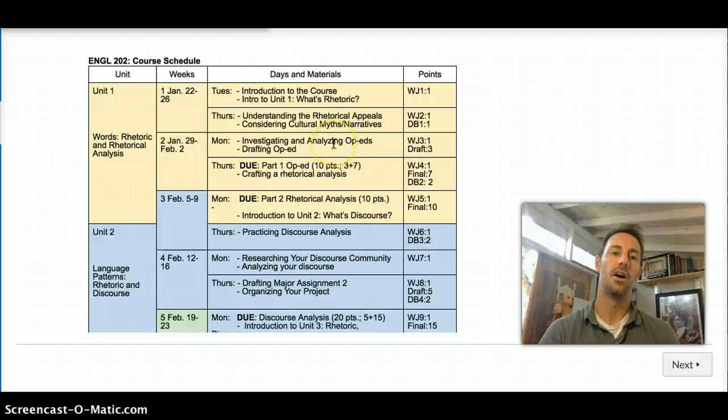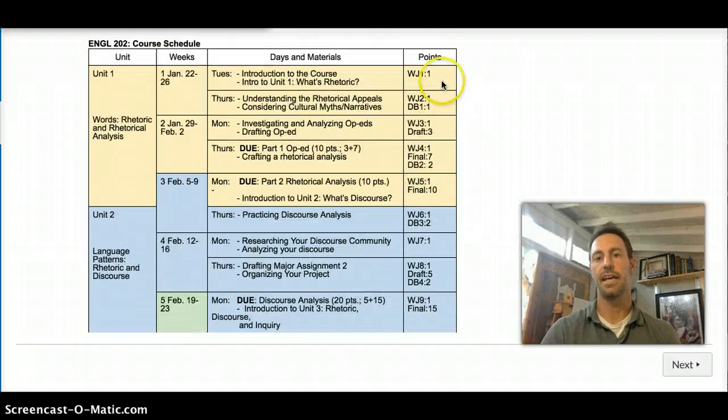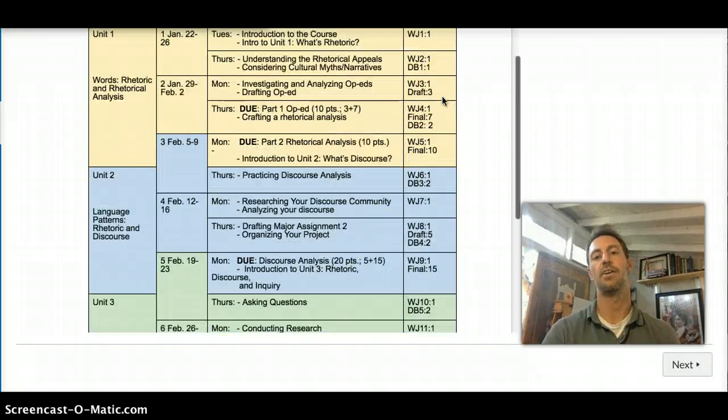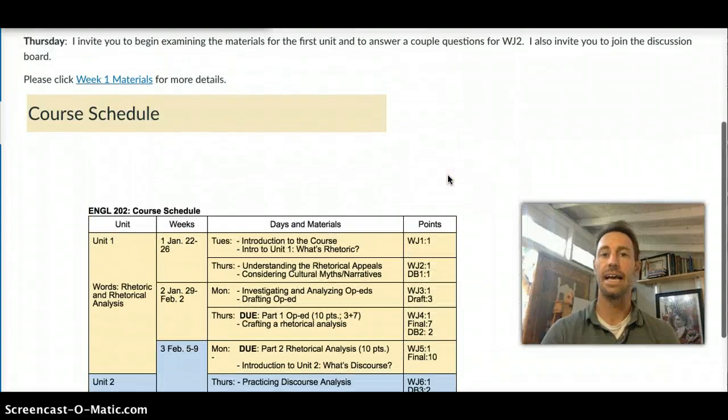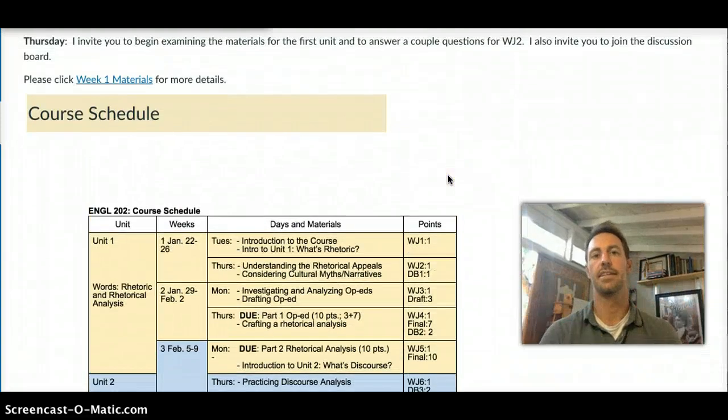Also, on the schedule here, you can see that I've tallied all the points for each week. So you've got 1 point for Tuesday with Writing Journal 1, then you've got 1 point for Thursday with Writing Journal 2, 1 point for the discussion board, and I've tallied all of those points all the way through the entire course. So again, I hope that this clarifies exactly how the course operates.